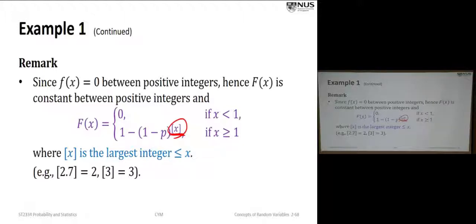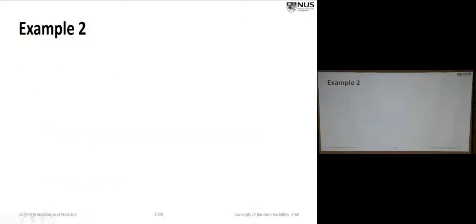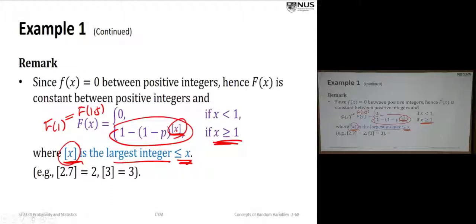It means, here I define it, it is the largest integer less than or equal to x. So if you have 1.5, let's say I want f of 1.5. And 1.5 is bigger than or equal to 1. So I use this expression and I substitute 1.5 here. So the bracket 1.5, according to my definition, is the largest integer less than or equal to 1.5. That integer is 1. So it's equivalent to f(1). All right? So that's how you get the expression.